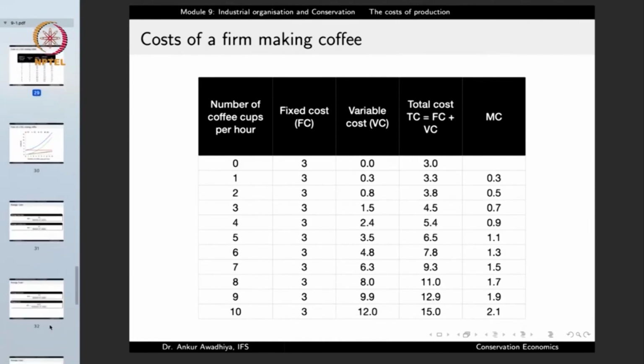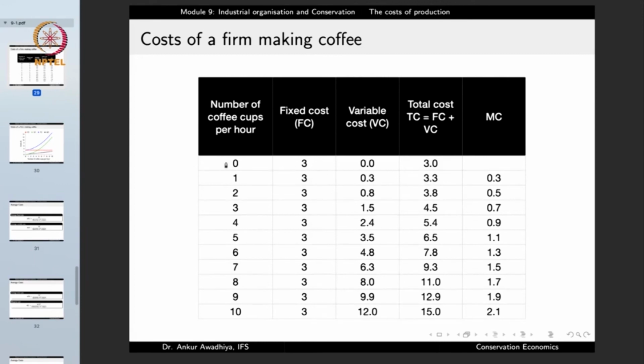Now to take a firm example, let us look at the cost of a firm that is making coffee. In this case, when the number of coffee cups per hour increases from 0 to 10, the fixed costs remain the same, the variable costs go on increasing, and the total cost is given as fixed cost plus variable cost.